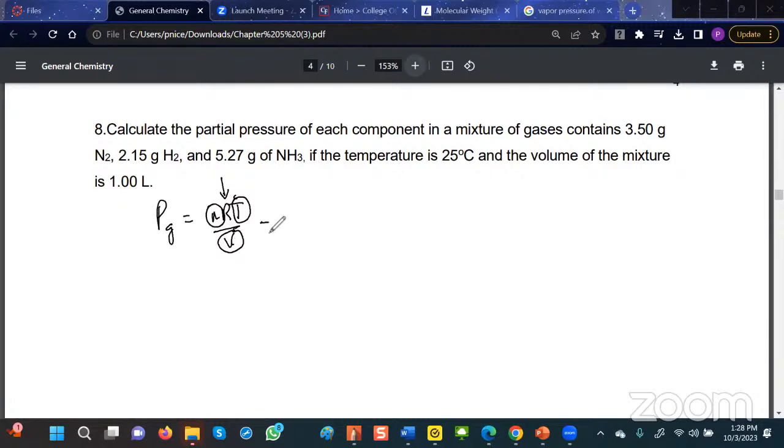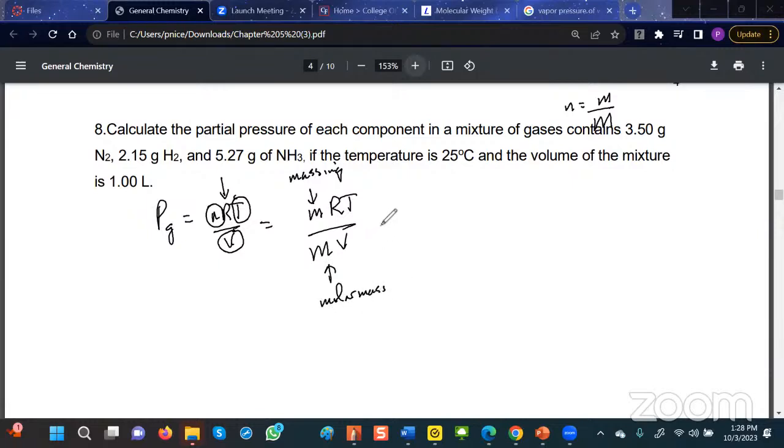Now, since we know that the number of moles is equal to the mass in grams divided by the molar mass, we can rewrite this equation as P equals mRT over uppercase MV, right? This is the mass in grams, and this here is the molar mass.